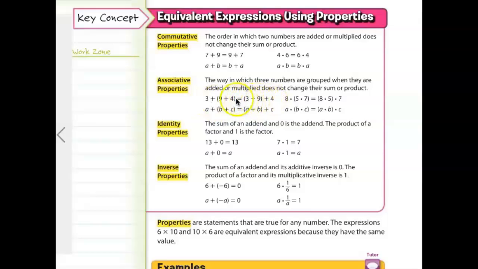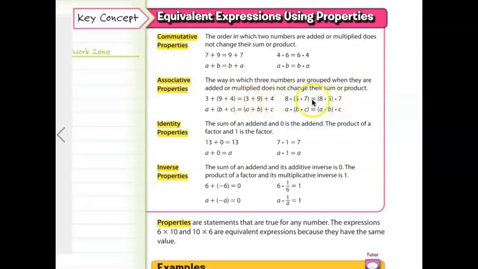They're in the same order, but you can leave that 3 there and add the 9 and 4 together and get 13, and then add 3 and get 16. Or you could add the 3 and 9 together first and get 12, and 12 plus 4 is 16. So you get the same sum, but you are actually adding them in a different order. But the order of the actual addends does not change, just the parentheses move around.